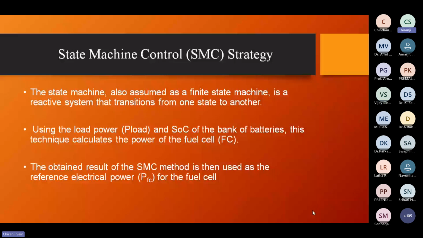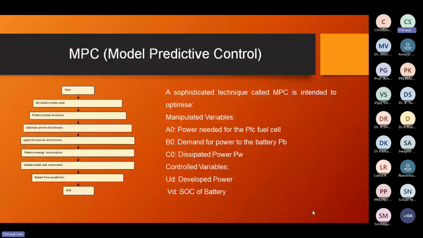Exactly. So while looking at the flow chart or the process flow diagram, we initialize the system state, and afterwards we need to predict the system evolution, and depending on the prediction, the optimal power distribution can take place.